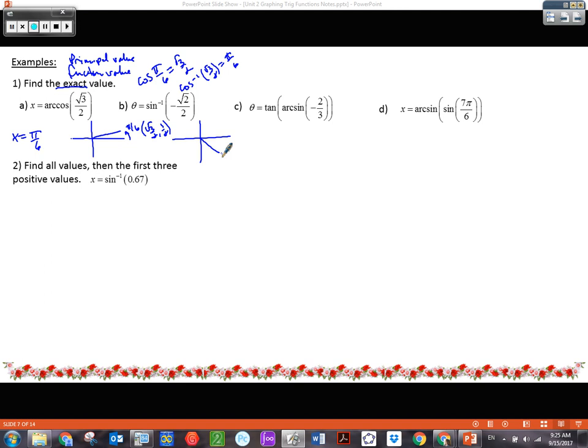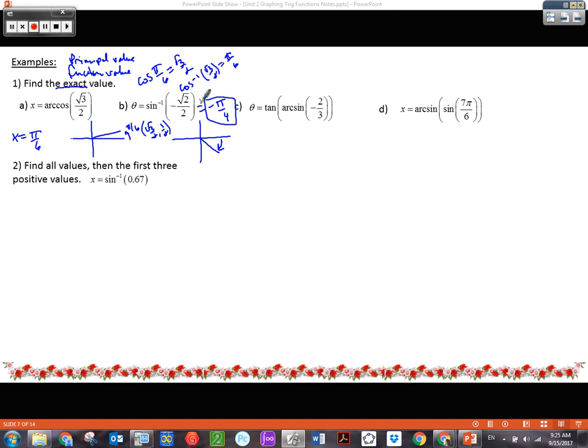Only allowed to do a backwards rotation. We are not allowed to go through the third quadrant. So we can only go backwards. So we've got to figure out, okay, what would that angle be where sine would be negative √2/2? Negative 45 or negative pi/4. Okay, so that one would be negative pi/4.